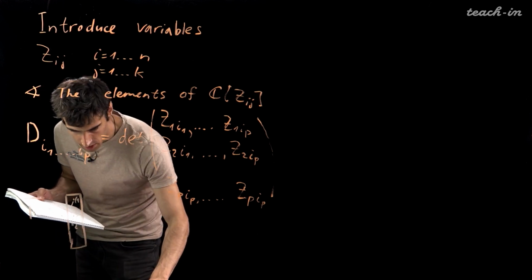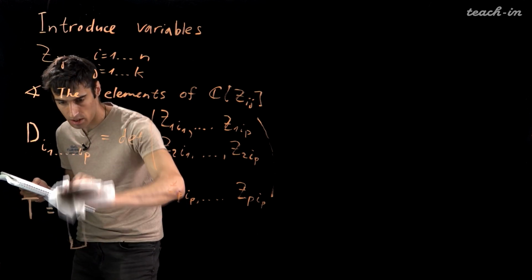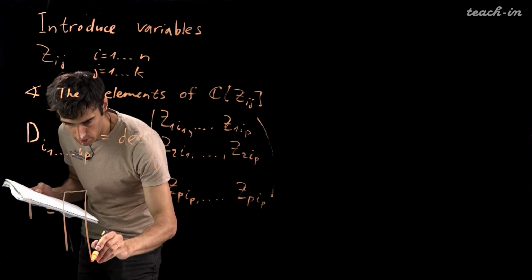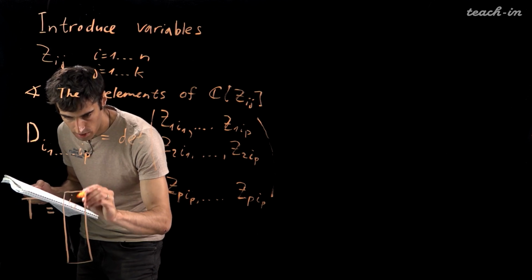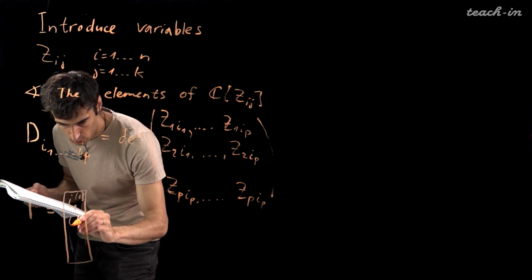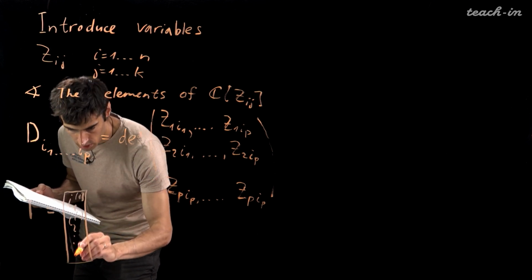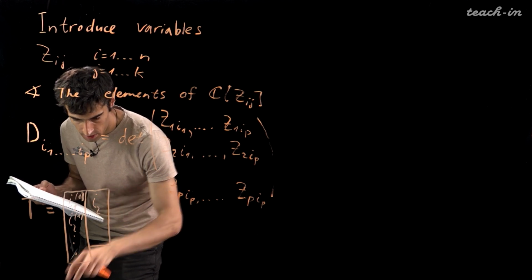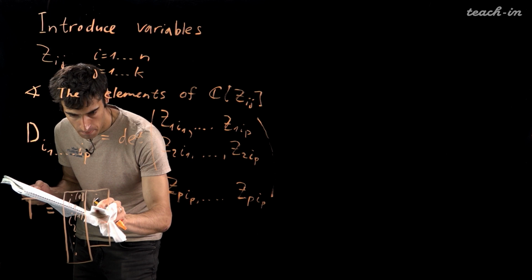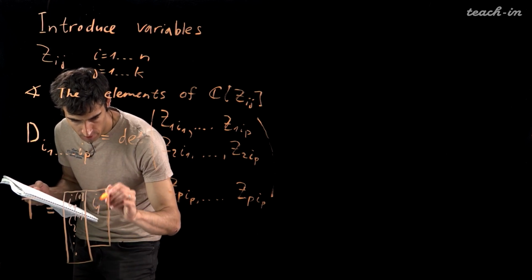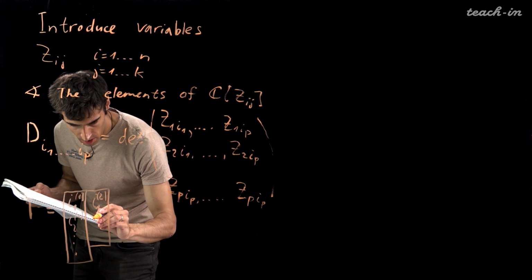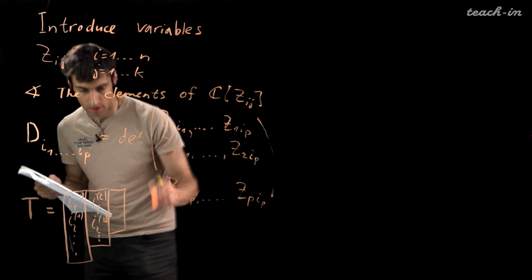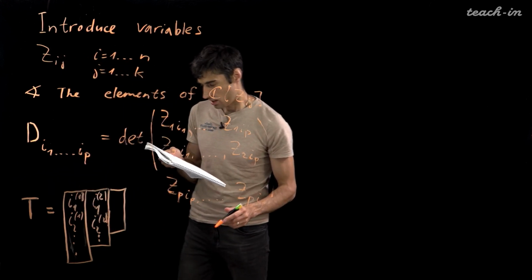So the upper index corresponds to the column. In the second column, I will have i_1 2, i_2 2, and so on. Okay, you got the idea.